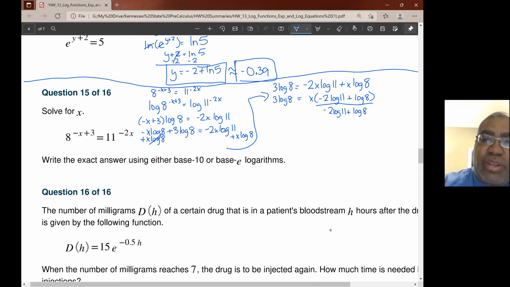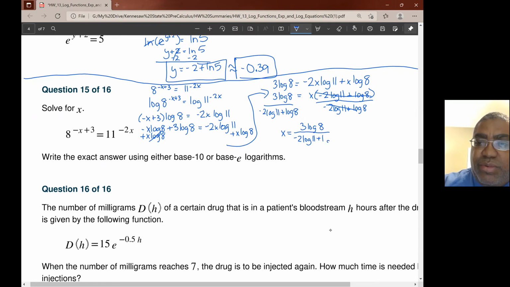And I can do that because it's all in parentheses. Cancel, cancel. So x is equal to 3 log of 8 over negative 2 log 11 plus log of 8. Boom.